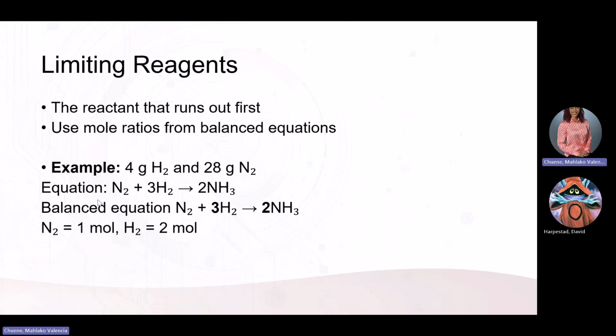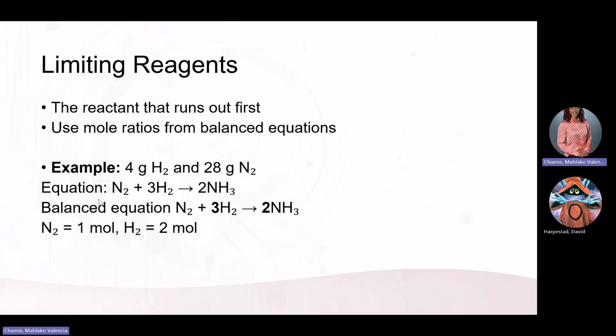With nitrogen gas it is fine, it is 1 mole. However, with your hydrogen gas, the subscript 2 also represents the number of moles, because there are 2 hydrogens there. Remember, hydrogen only has 1 proton, and for it to be a gas you need 2 hydrogen atoms. That is your 2 moles of hydrogen.